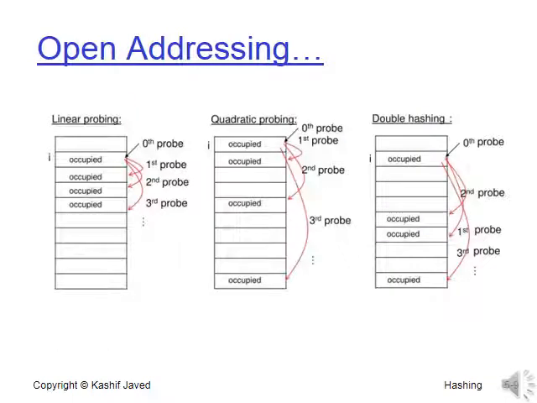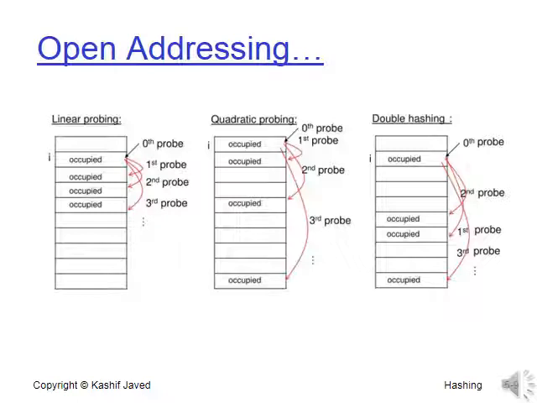Here is a pictorial representation of three probing sequences, which are linear probing, quadratic probing, and double hashing, trying to resolve collision. The linear probing sequence checks for an empty cell by incrementing the sequence linearly one by one until an empty bin is reached.